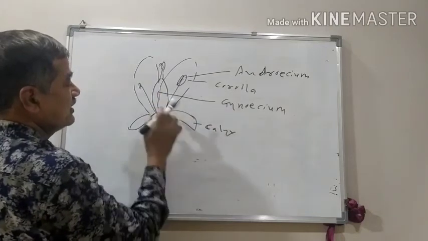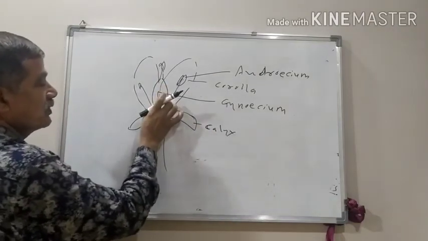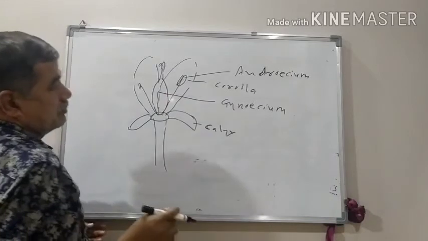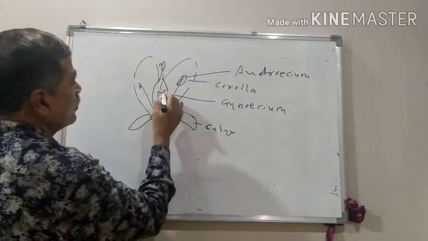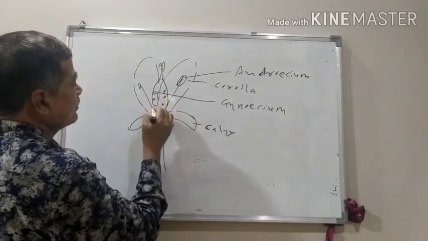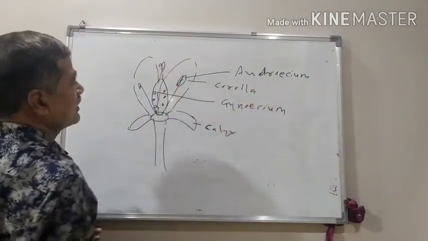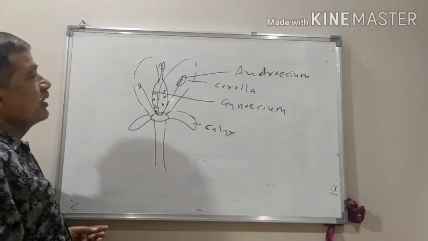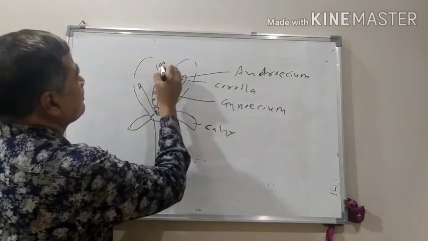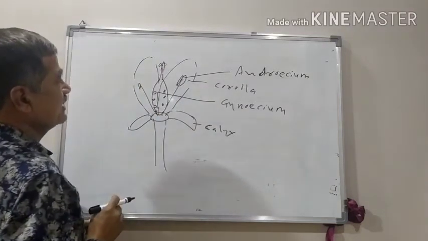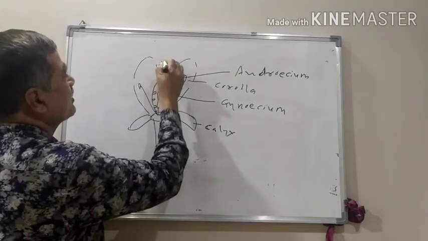After fertilization, the ovary wall becomes the pericarp of the fruit, and the ovules located inside are converted into the seed. The style is a slender stalk meant for the pollination, and the stigma produces moisture and sticky mucilage substances.